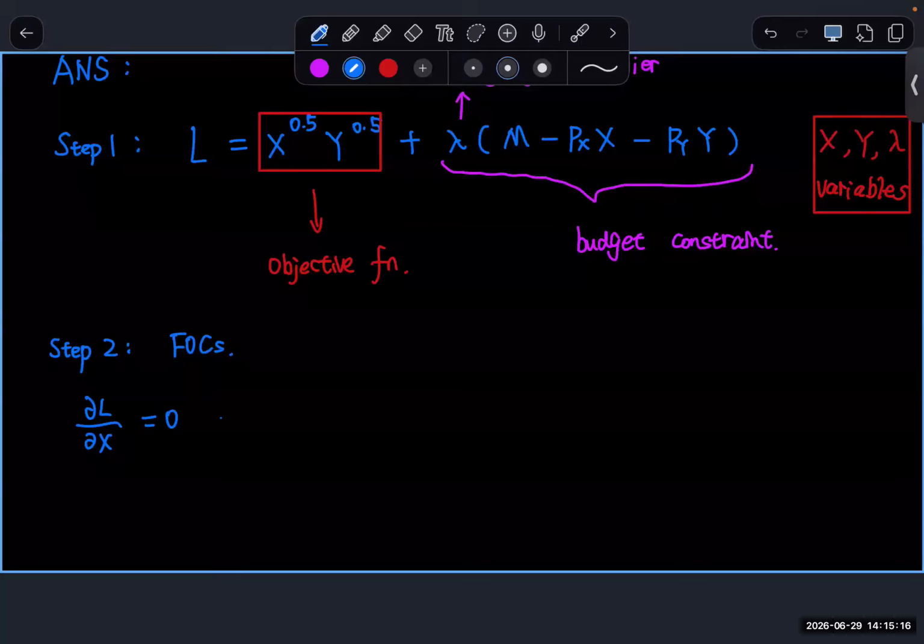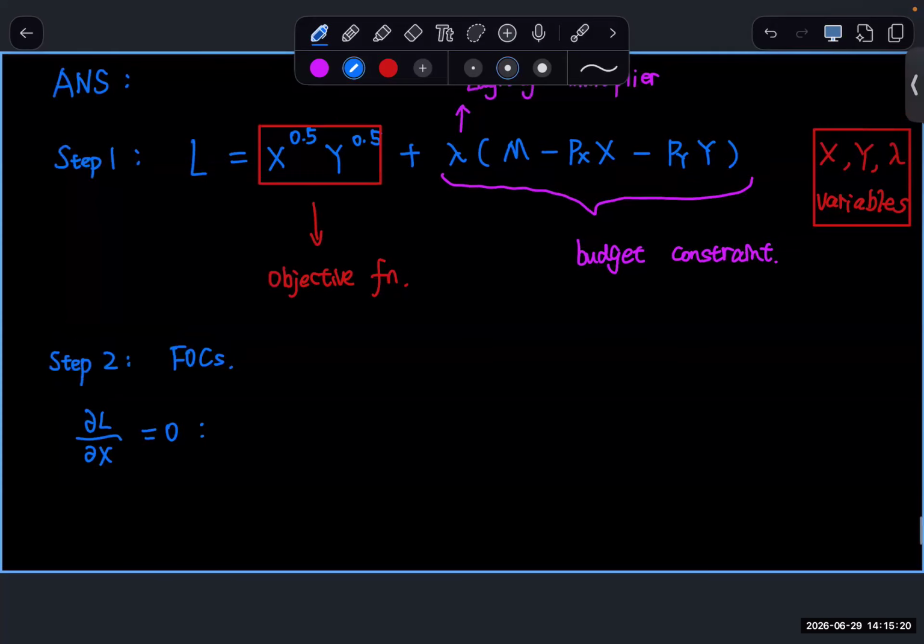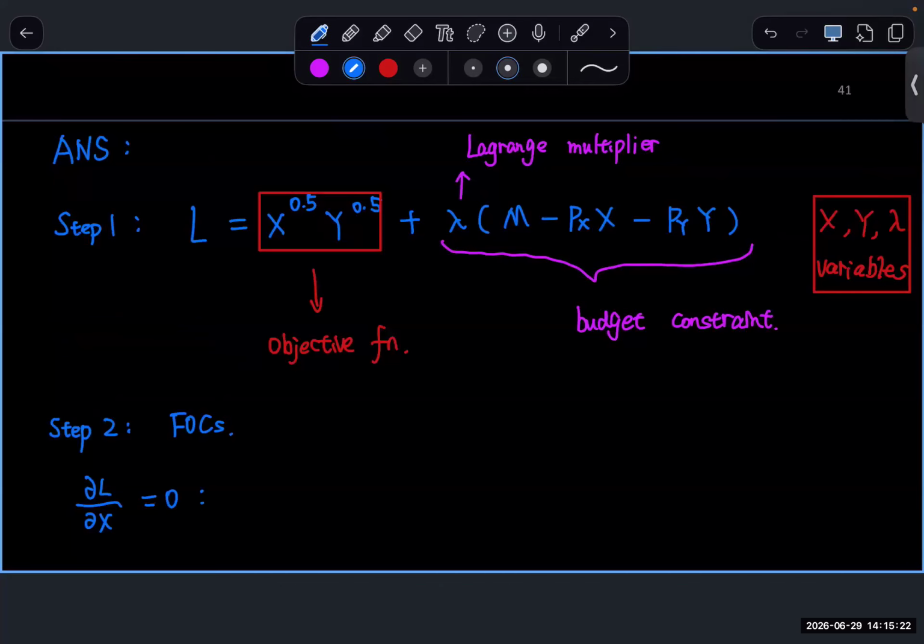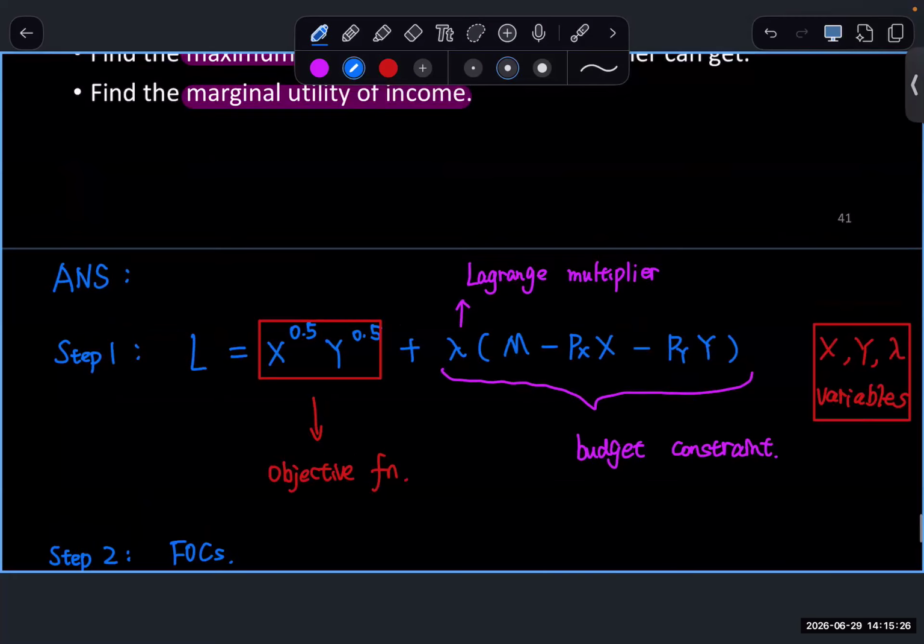You know how to take the derivative of a power function, right? So suppose x to the n, and then we want to take the derivative. That's going to be n x to the power n minus 1, right?